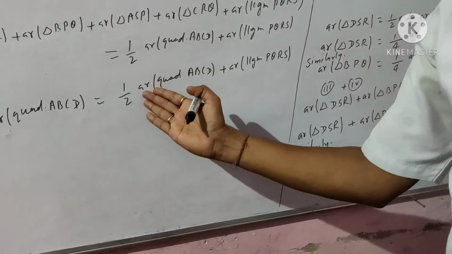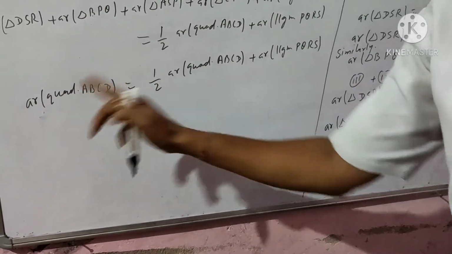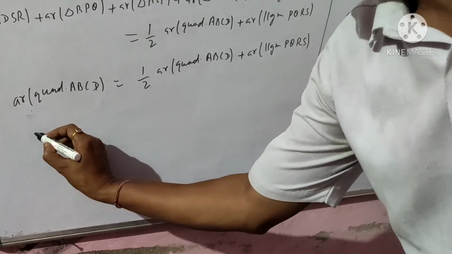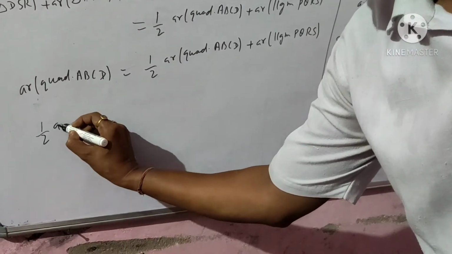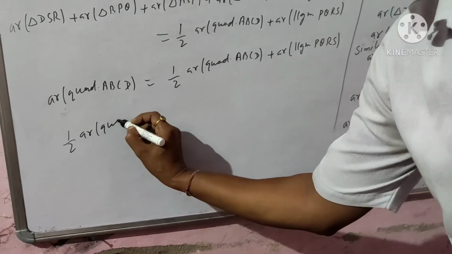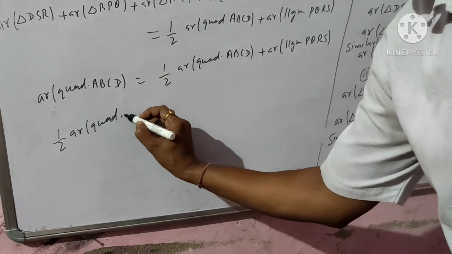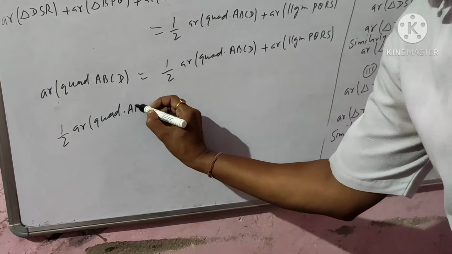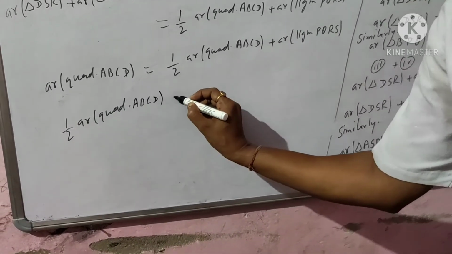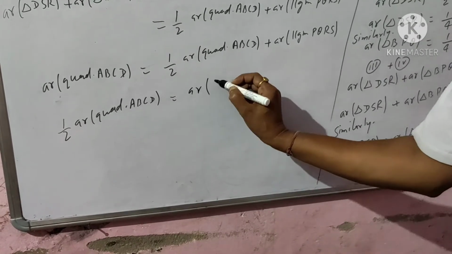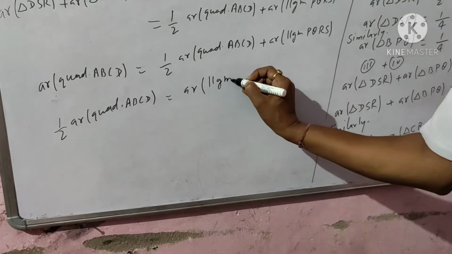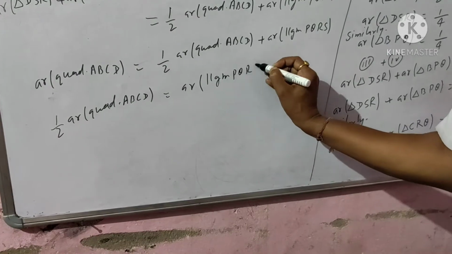So half will move here, 1 minus half, then the result is half. Half of the area of quadrilateral ABCD is equal to area of parallelogram PQRS.